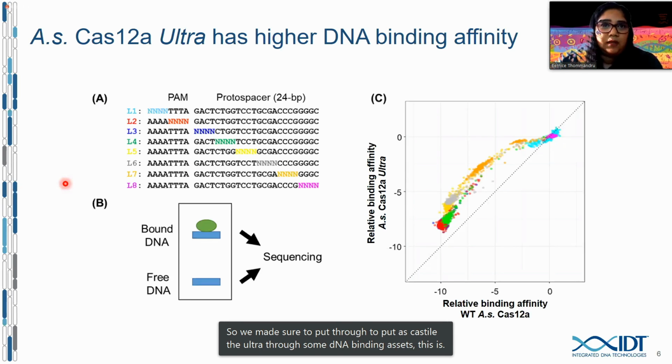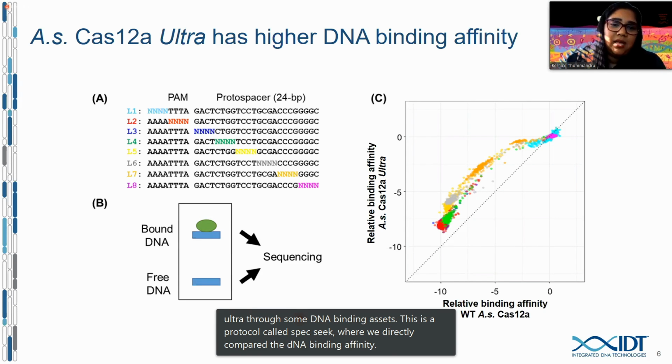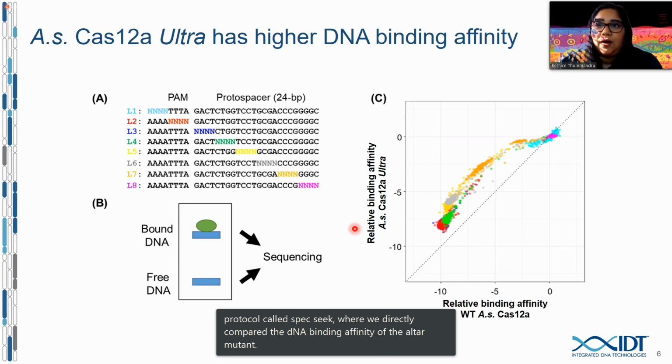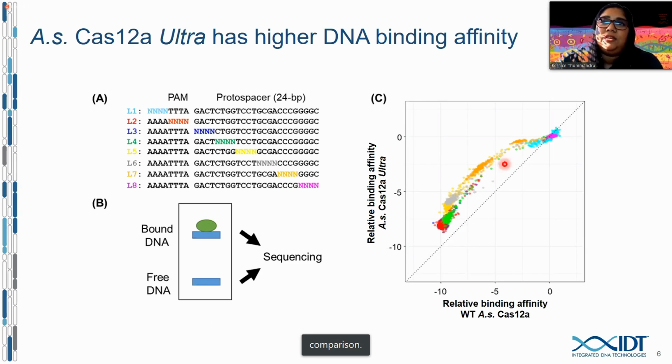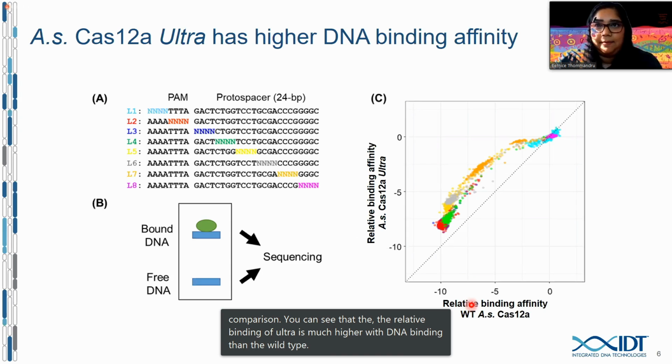This is a protocol called SpecSeq, where we directly compared the DNA binding affinity of the Ultra mutant versus the wild type. And here in a plotted direct comparison, you can see that the relative binding of Ultra is much higher with DNA binding than the wild type enzyme. So we were very pleased to see that.